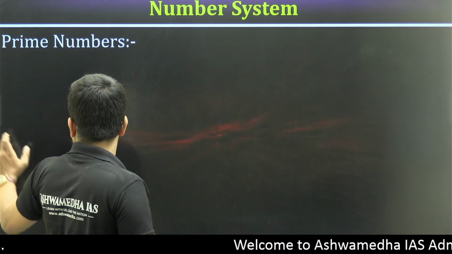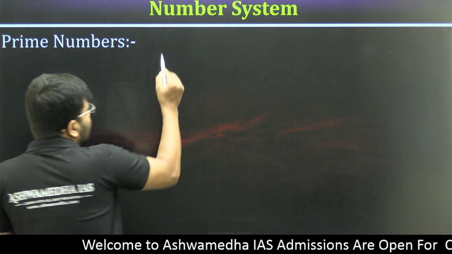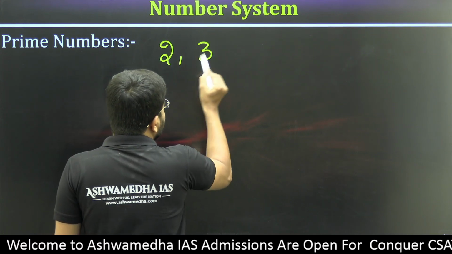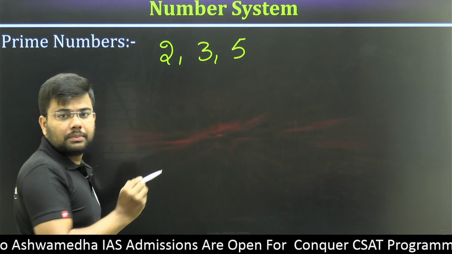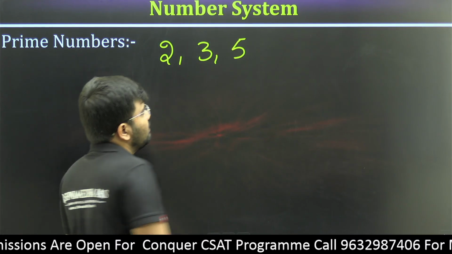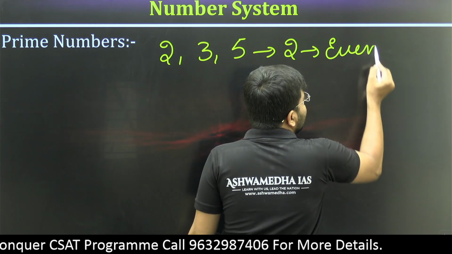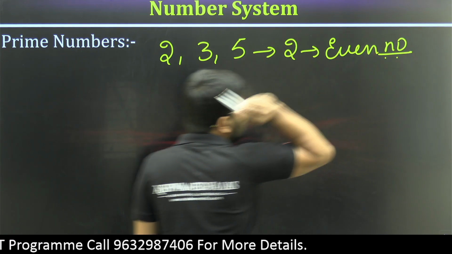Now let's see a few facts about prime numbers. The first three prime numbers are 2, 3, 5. You should know the prime numbers from 2 to 97. What is the observation you can make? 2 is the only even prime number. Just take down this observation, it is very, very important.